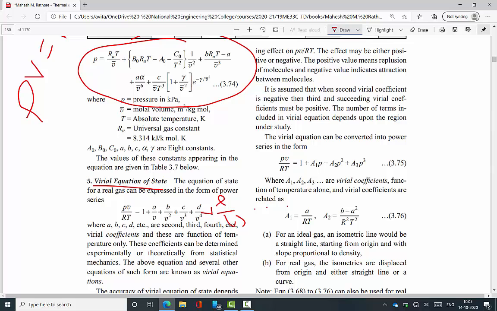Every constant is different for every component and every temperature situation. It is difficult, but these equations were introduced to measure the property of a particular substance accurately. Those are the things we discussed. First is the ideal gas equation of state, then the compressibility factor, and the other equations of state are Virial, Benedict, RK equation, and van der Waals equation. These types of equations of state are available.